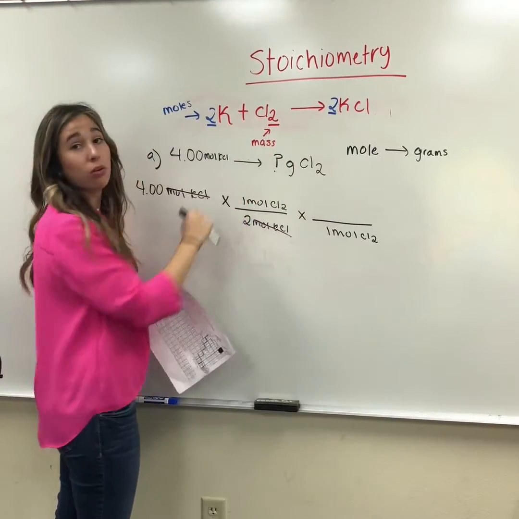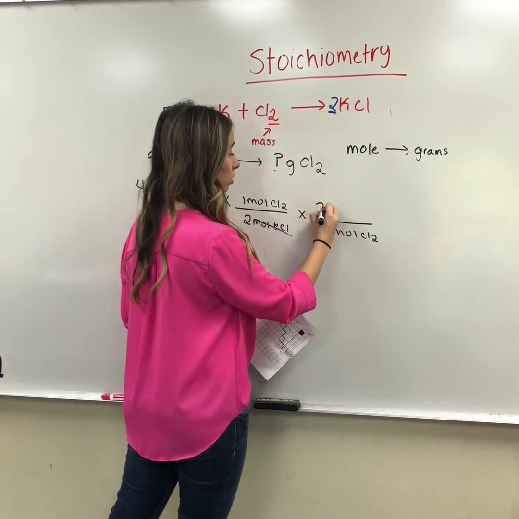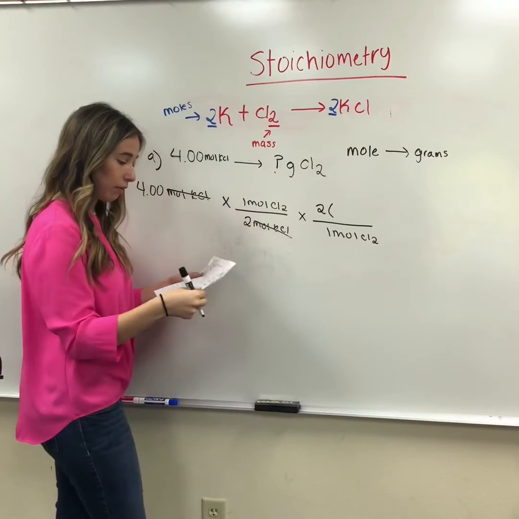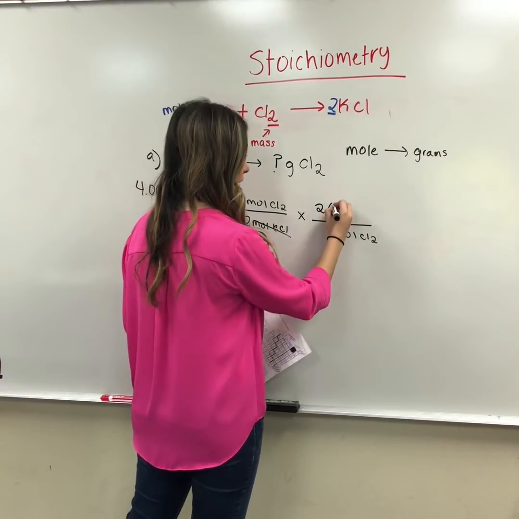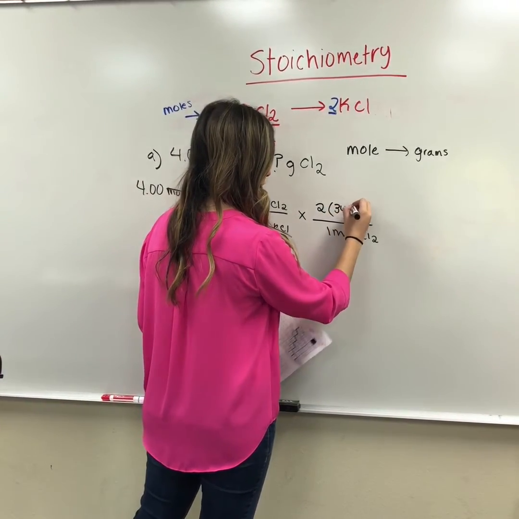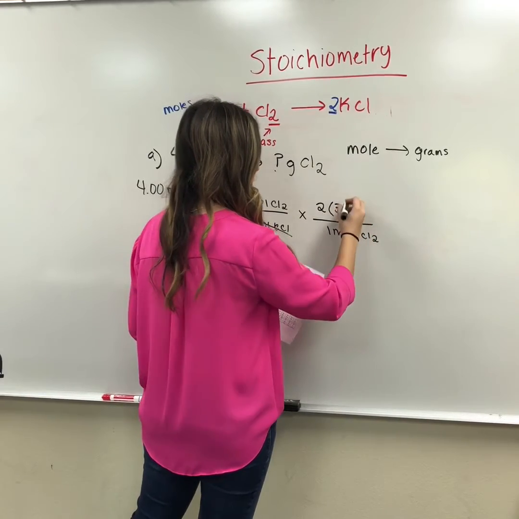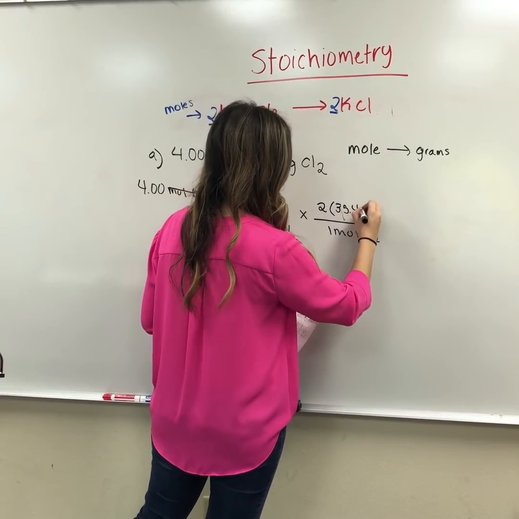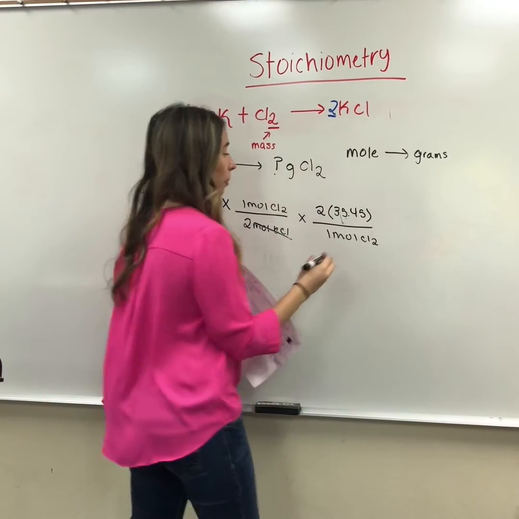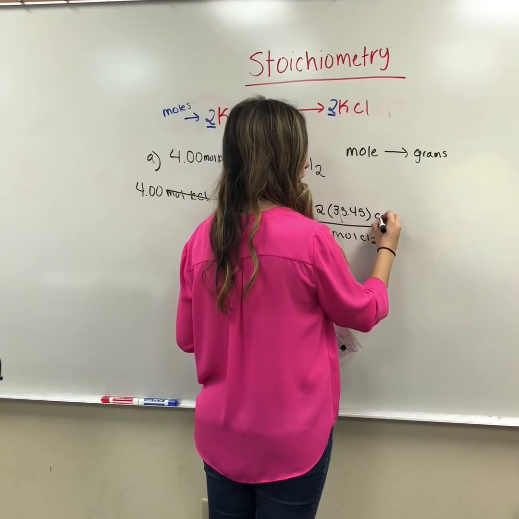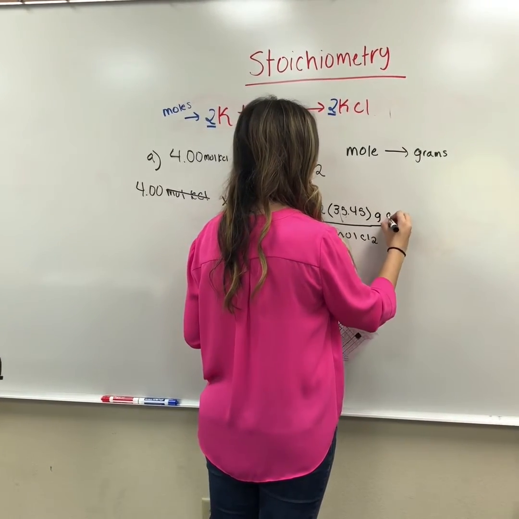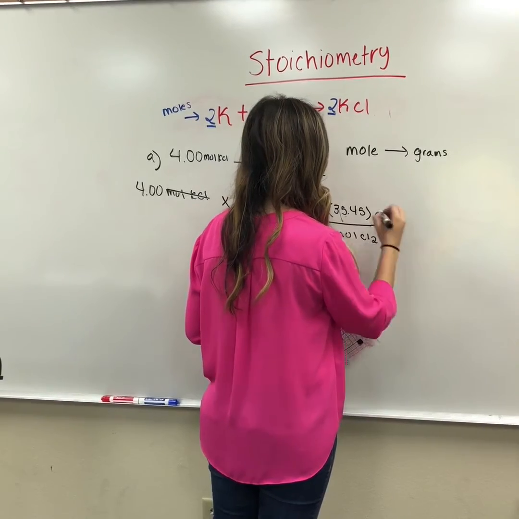So we have 2 chlorines, so 2 times however many we have, and we have 35.45 grams of Cl2.